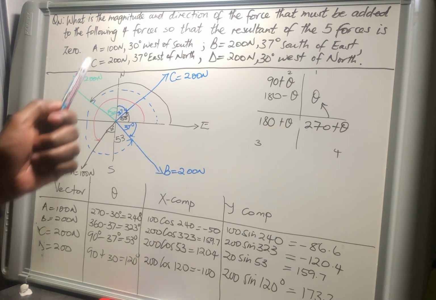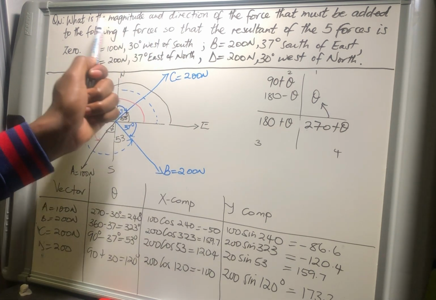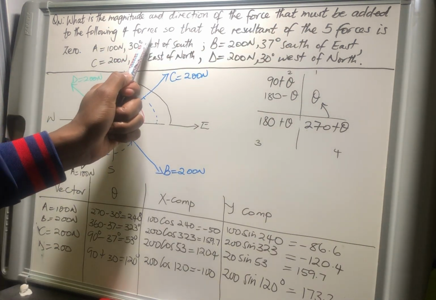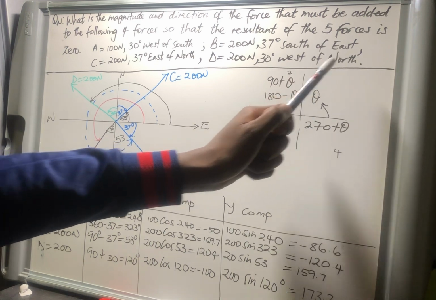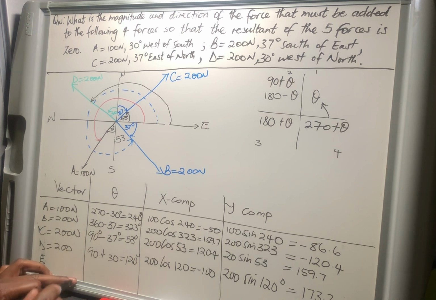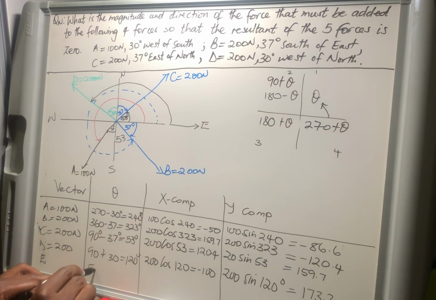So now, since our question is saying what is the magnitude and direction of the force that must be added to the following 4 forces so that the resultant of the 5 forces is 0, it means we have an extra force that we must add here that I'm going to call force E. My force E must have theta, which I will call E theta.